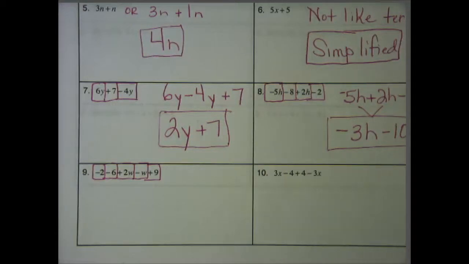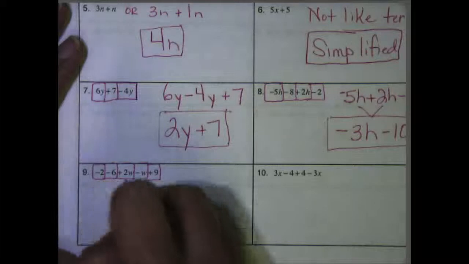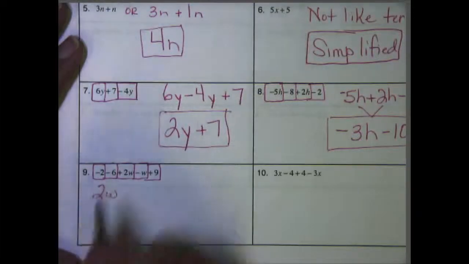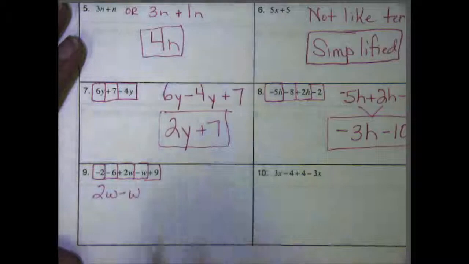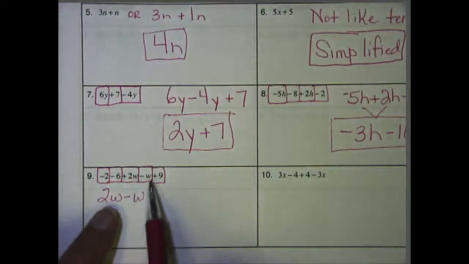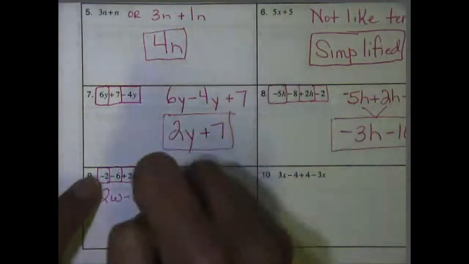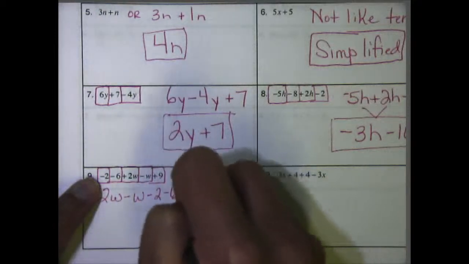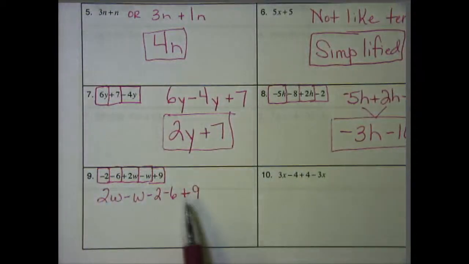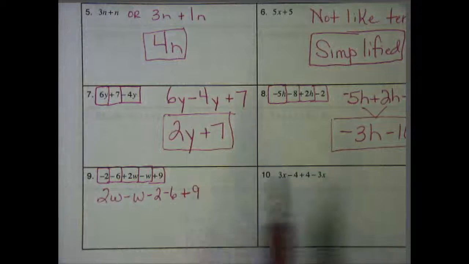So I just go ahead and start that with you in pre-algebra. So 2w, positive 2w, remember you don't need the plus, minus w, and those are the only terms with a variable, so then I'll just go right over here and I'll put minus 2 minus 6 plus 9. And now I've got all of my terms grouped with like terms.